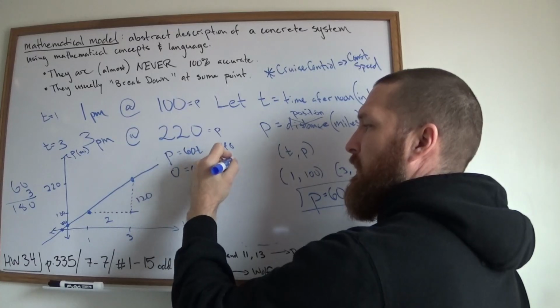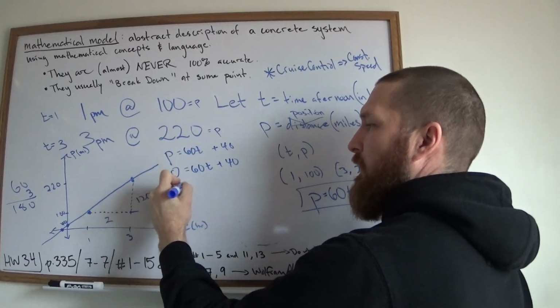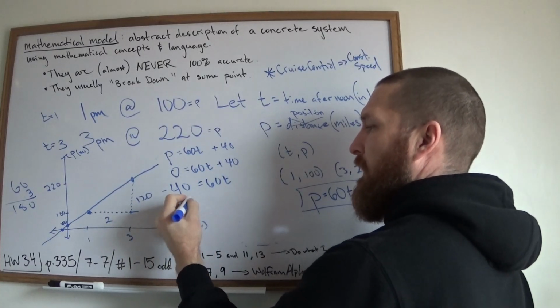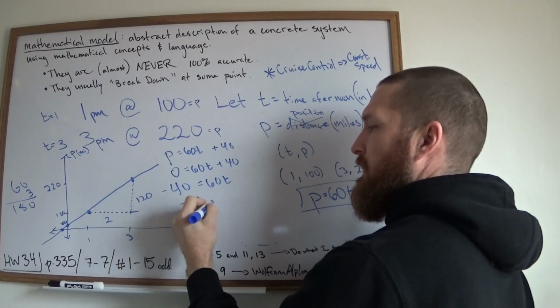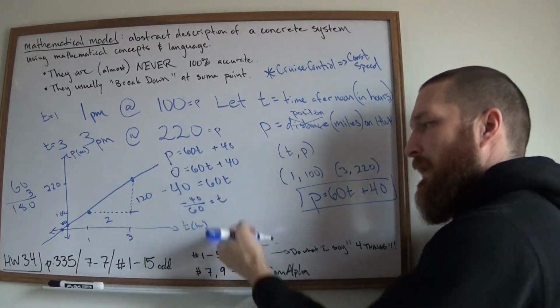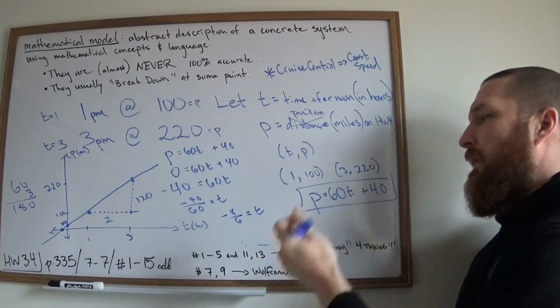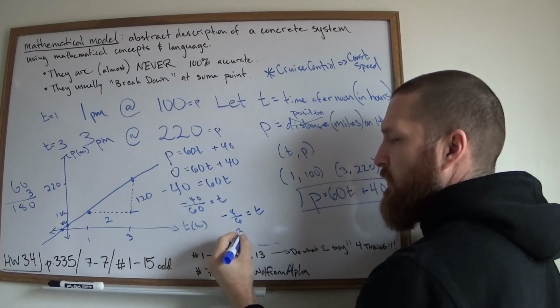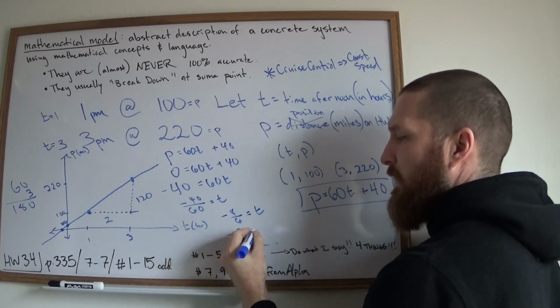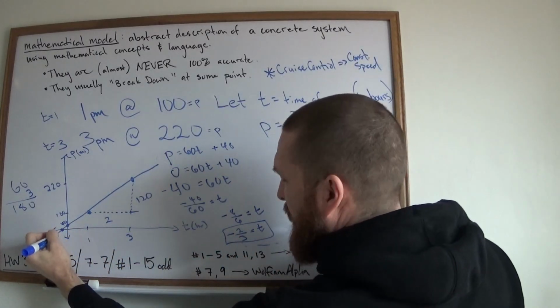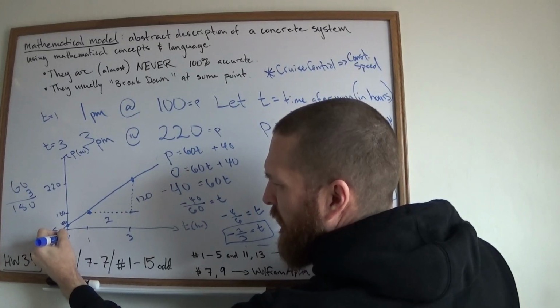So 60t plus 40. Bring the 40 over, so that's minus 40 equals 60t. Divide, I get minus 40 over 60 equals t. That's the same thing as minus 4 over 6 equals t. And then simplifying, I have minus 2 over 3 equals t. So that must be that point, so I'm going to label it minus 2/3.